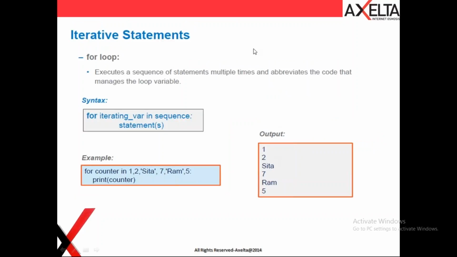Next we go ahead with the for loop. So here for is a little bit different compared to other languages like C, Java, or whatever it may be. If you go to the syntax part, it is for iterative variable in sequence. Please try to observe, this is one difference we have.